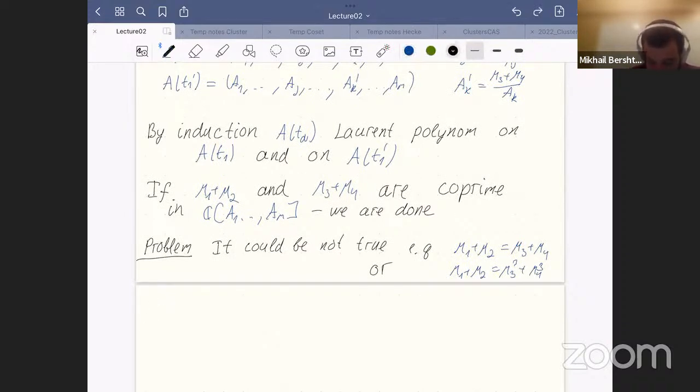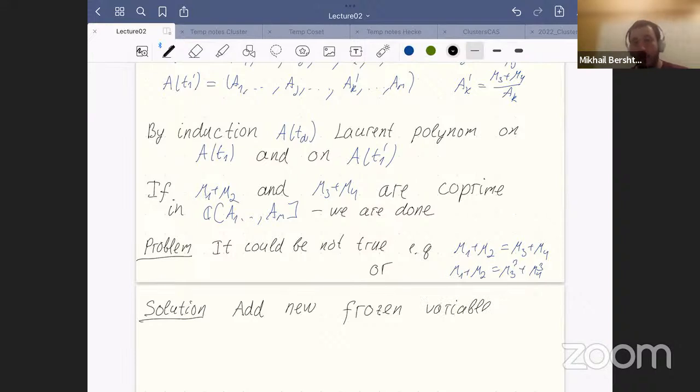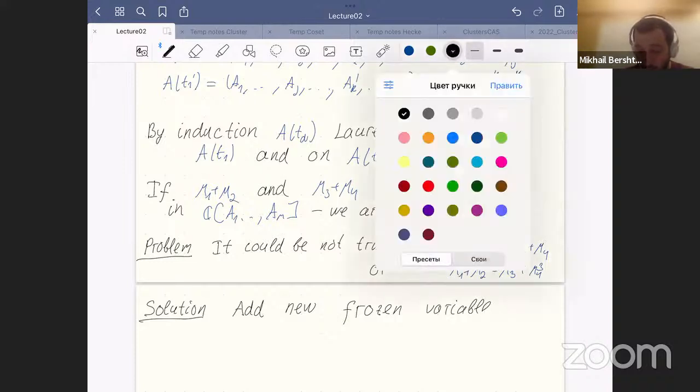Okay, so this is a problem, and I will fix it. How to solve it? There is the following trick. Solution: we add a new frozen variable. It isn't necessary to mark it as frozen or not, but we will not denote it. So, a new frozen variable which makes a difference between J's and K's vertices.